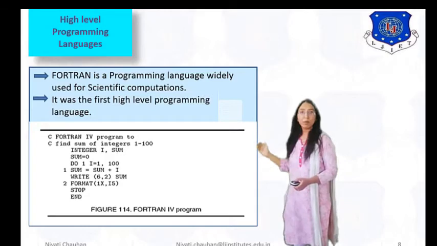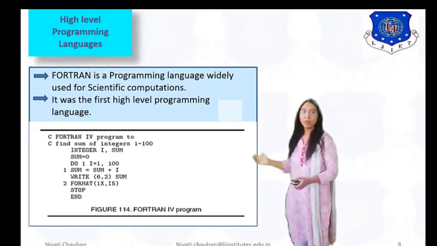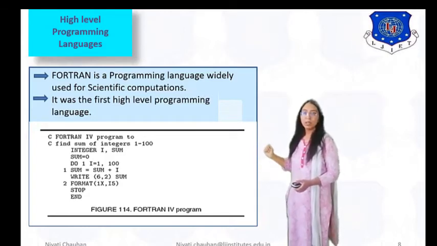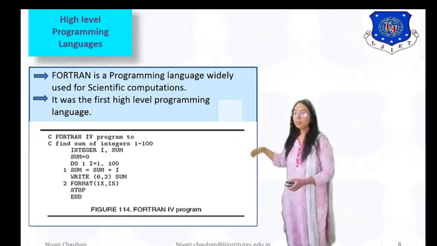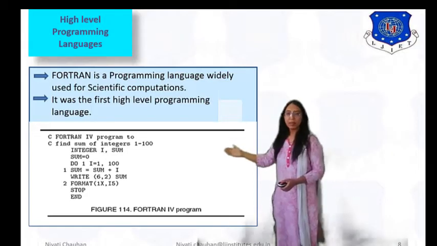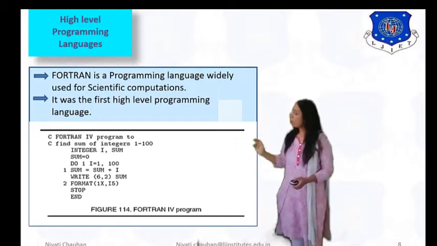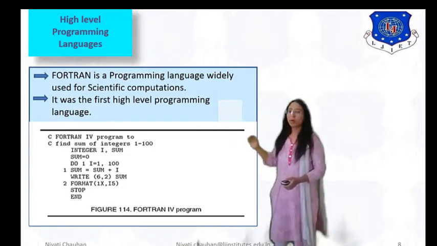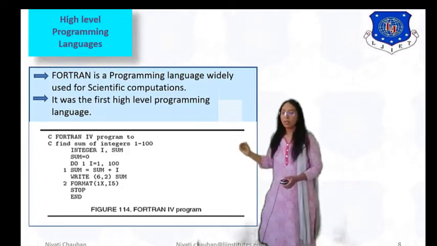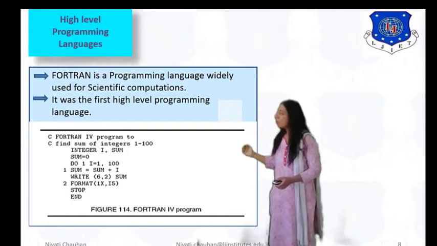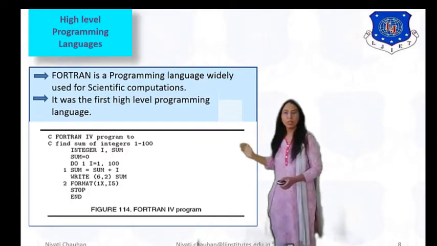Here we want to find the summation of the numbers 1 to 100. Integer I, sum. In the second row, sum equals 0.